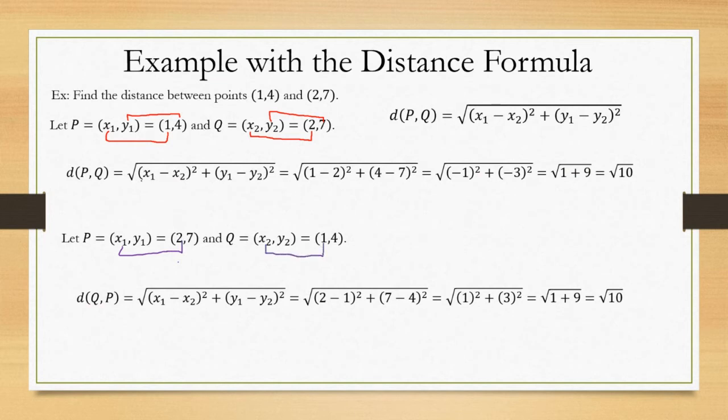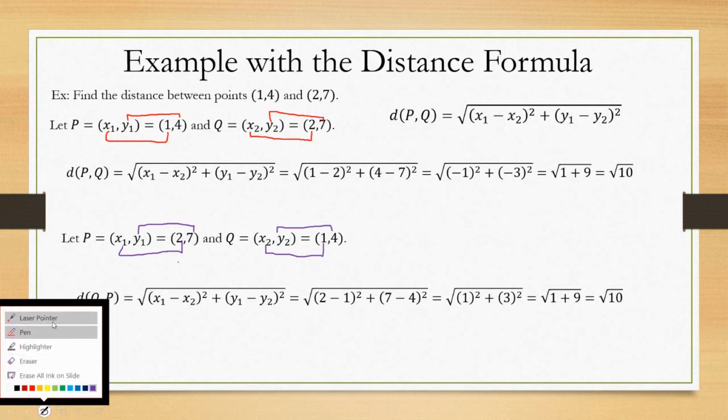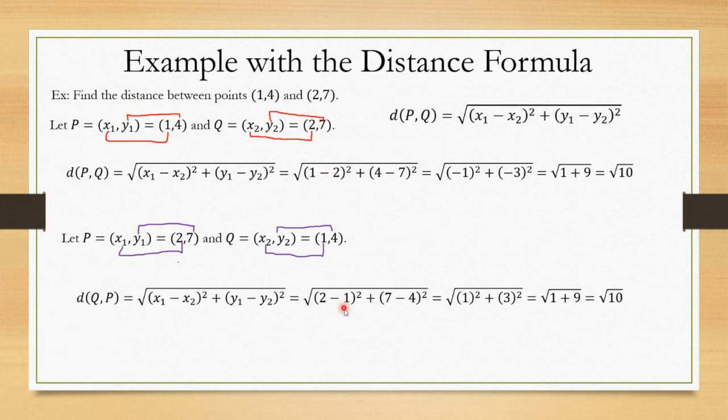So essentially, we're interchanging 1 and 2 in the X coordinates. For P, we have Y1 as 7, Y2 as 4. So we're also interchanging the Y coordinates in the formula. We have 2 minus 1 squared, 7 minus 4 squared.